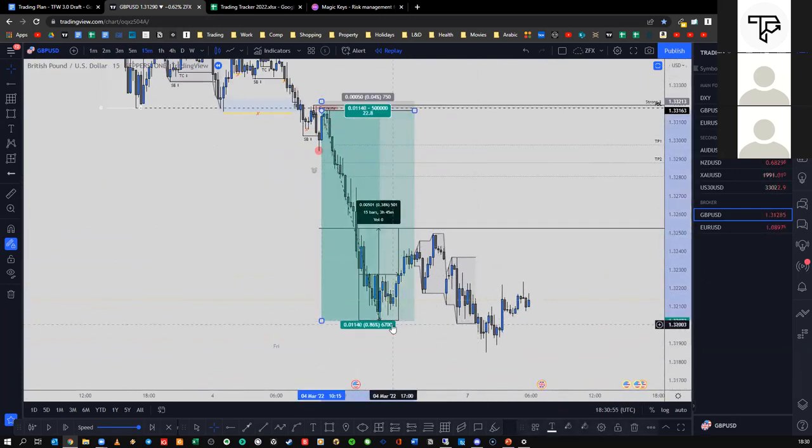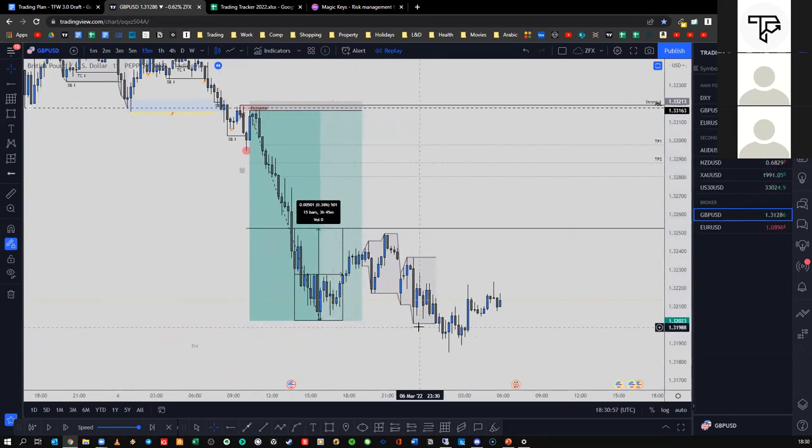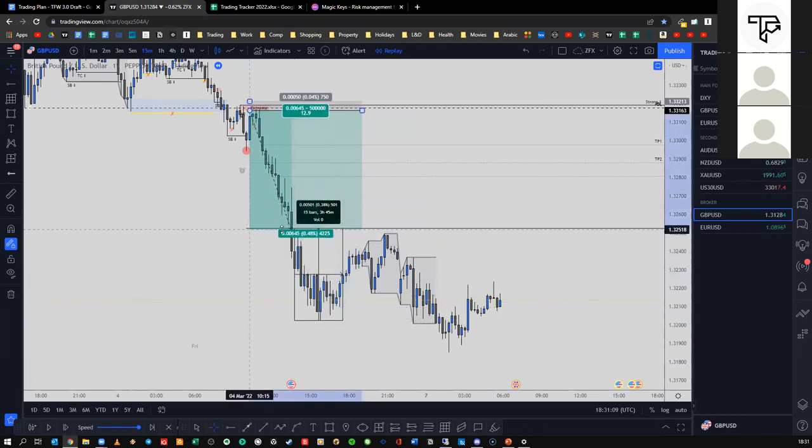So by this point on Friday, we'd already pushed 114 pips from our entry. So very quickly, I knew that my profit at a minimum based on that would be 63 pips from my entry.